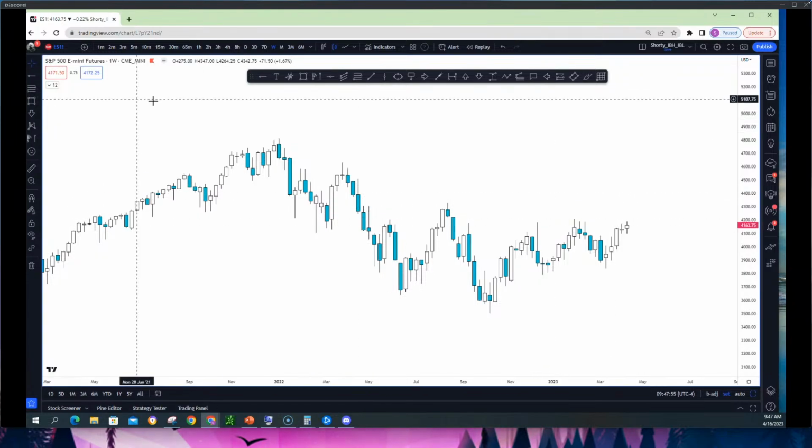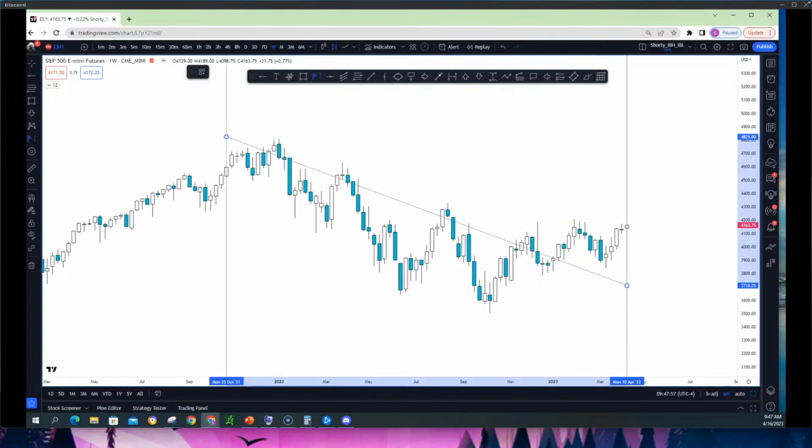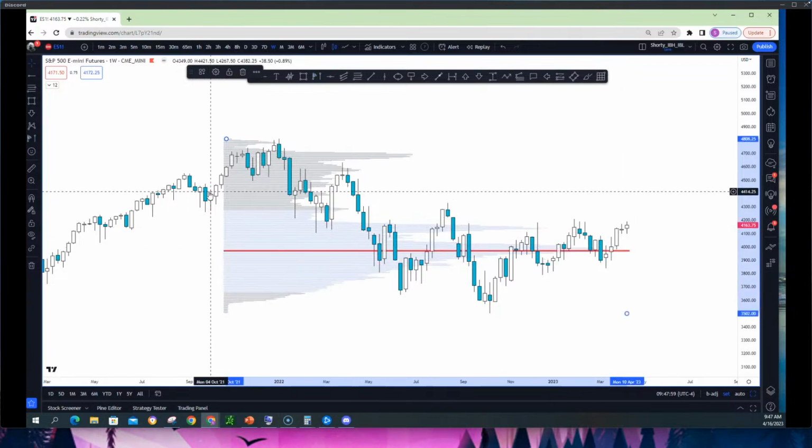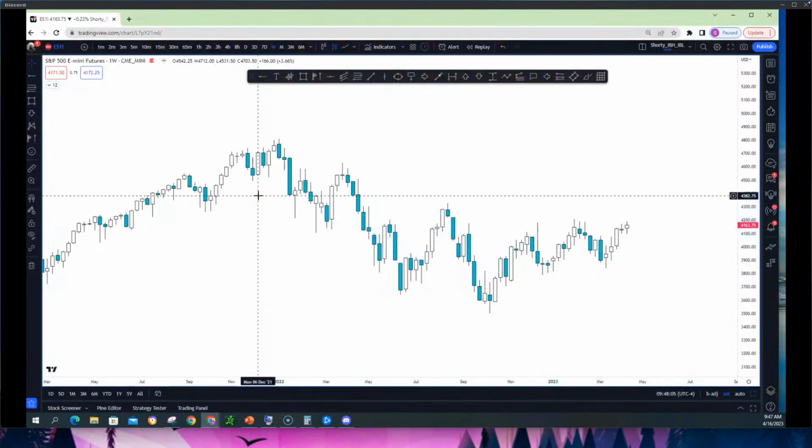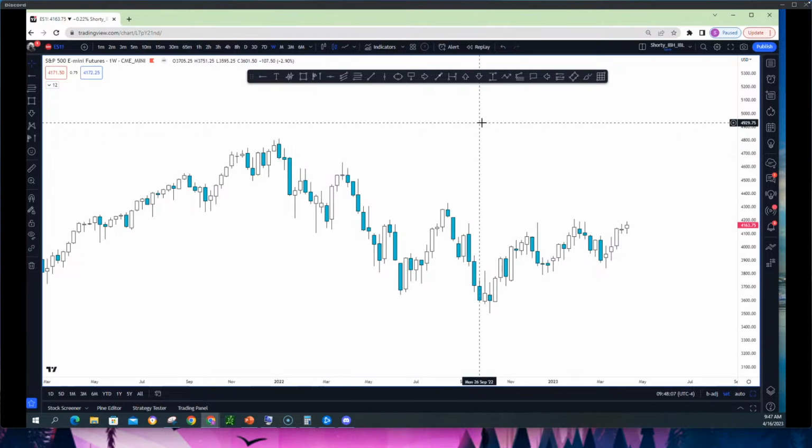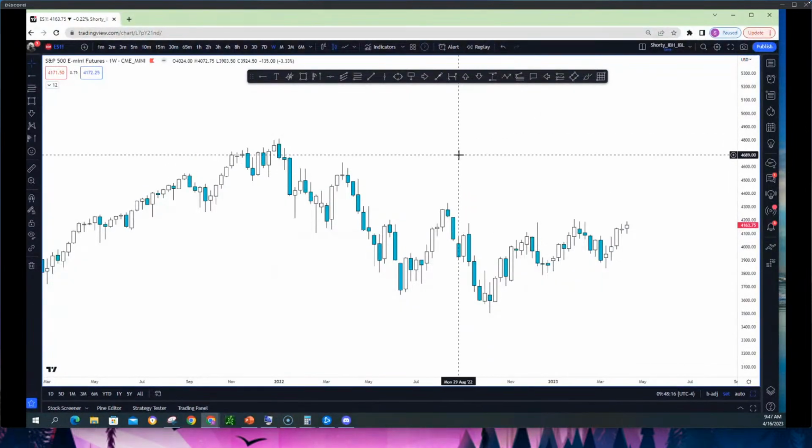I could use volume profile, which is more accurate because it gives me a better representation where the congestions are, like this one here or this one here. But if I don't have this, I can use the candles, and as long as I understand the structure, what time frame we're on, are we making lower highs, lower lows, or higher highs and higher lows? So that way I'm not fighting the trend, and are we breaking structures to the downside?